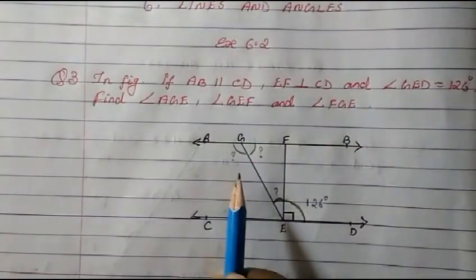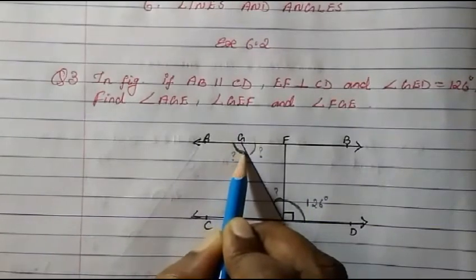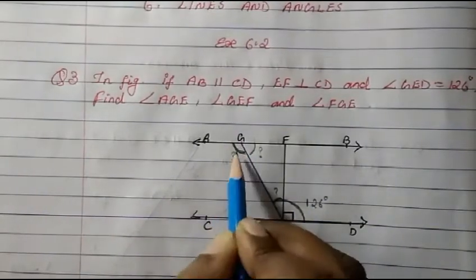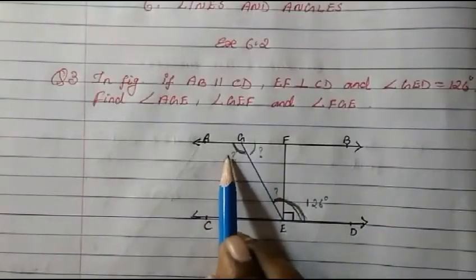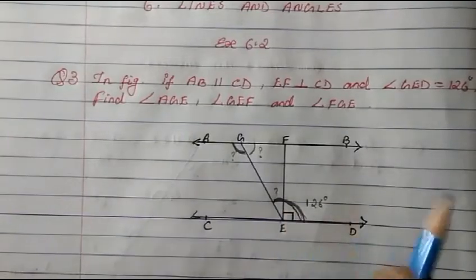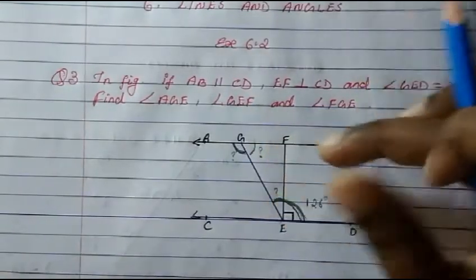Now just see here, let's take this angle AGE, this angle and this angle. Don't you see that they are alternate interior angles? Because two parallel lines are there and inside angles are there.